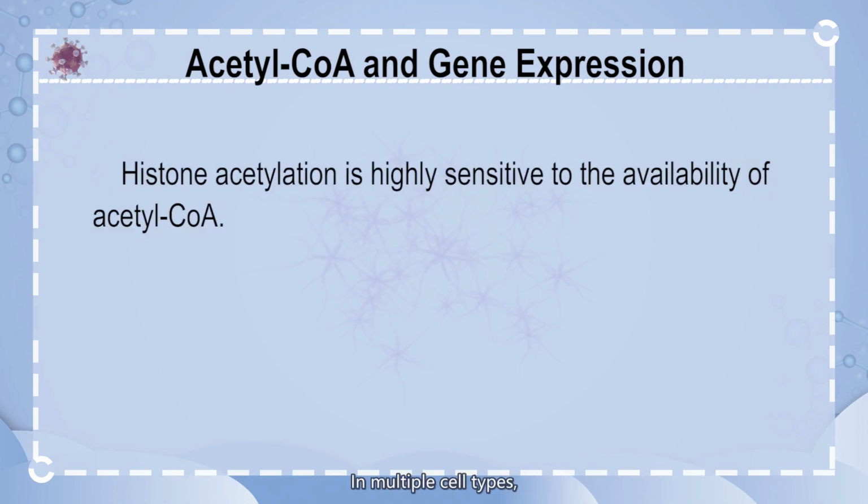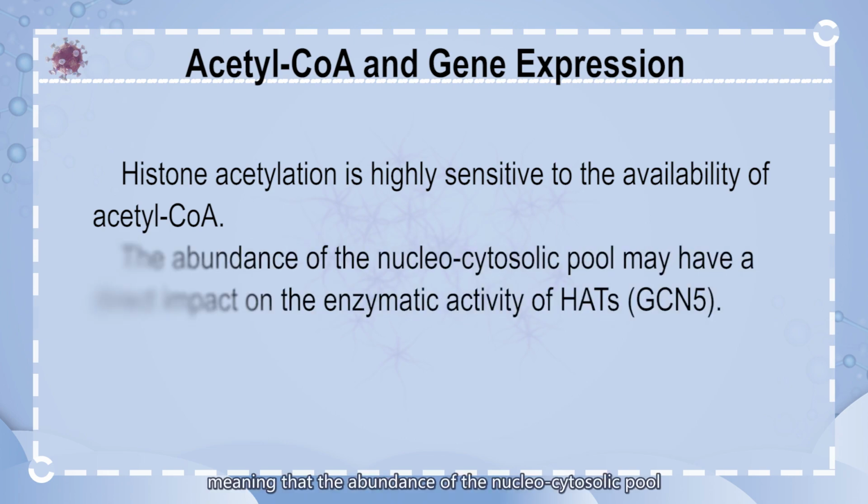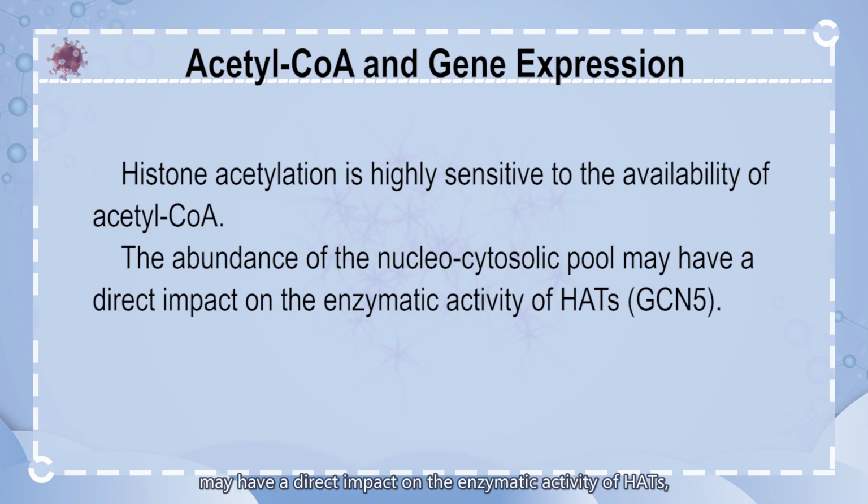In multiple cell types, histone acetylation is highly sensitive to the availability of acetyl CoA. Acetyl CoA is indeed the obligate cofactor for histone acetyltransferases, meaning that the abundance of the nucleocytosolic pool may have a direct impact on the enzymatic activity of HATs, especially those with a relatively high KM for acetyl CoA.